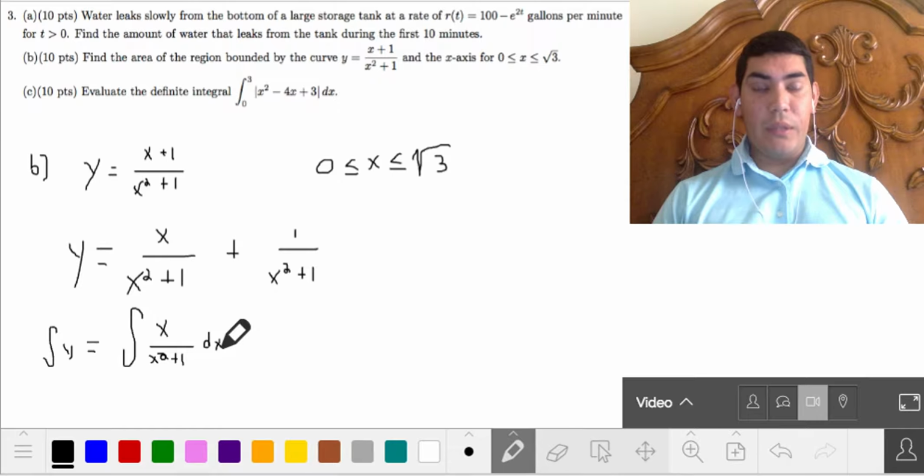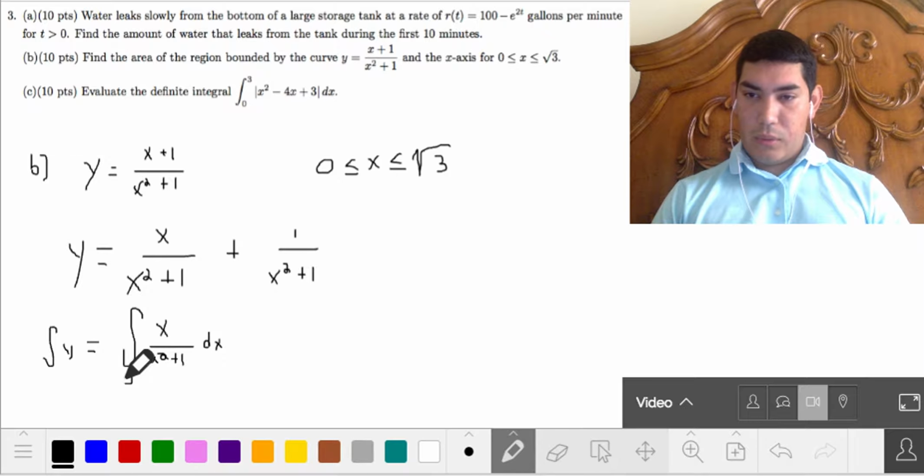As I mentioned, the boundary is between 0 and the square root of 3. So we can write those as our boundaries.